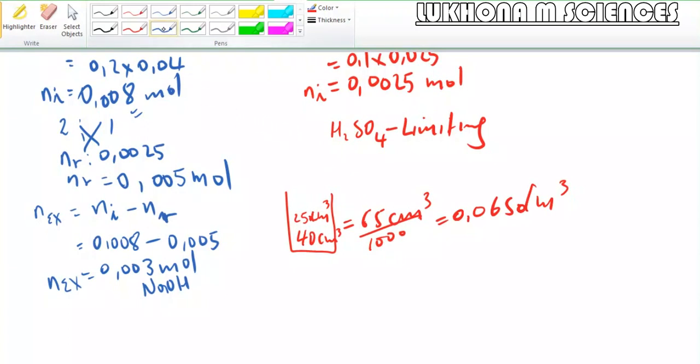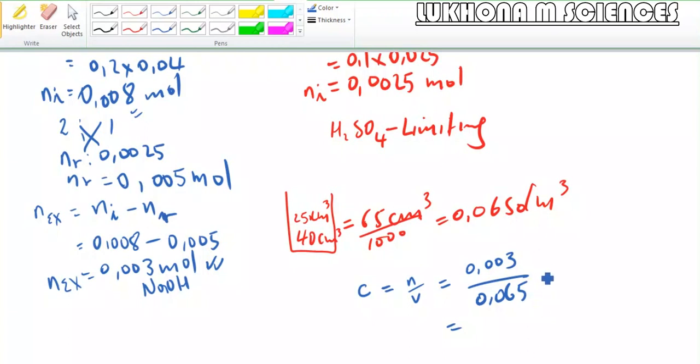We can calculate the concentration by n over V: 0,003 divided by 0,065.